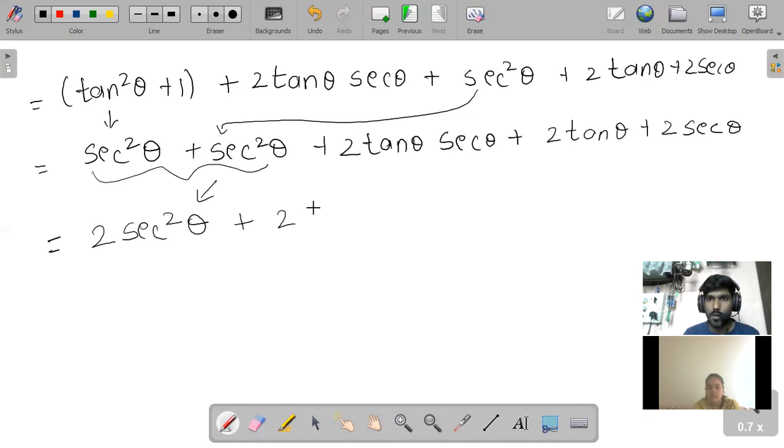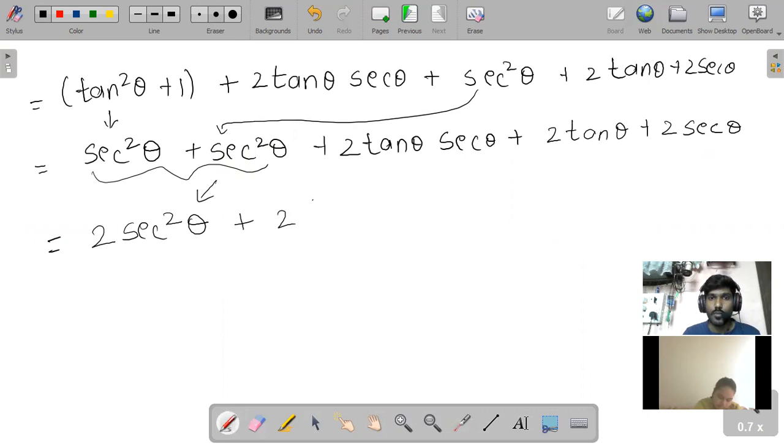No, this is square while this doesn't have a square. That's why you cannot add. The powers are different. If the powers were the same, then you could have added it. But the powers are different, so you cannot add.